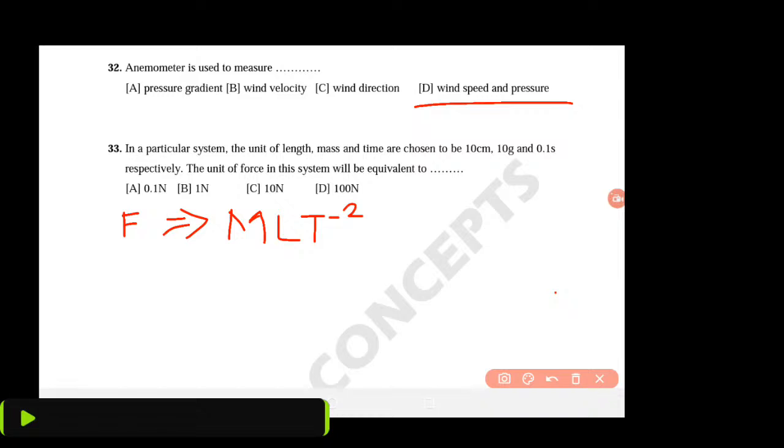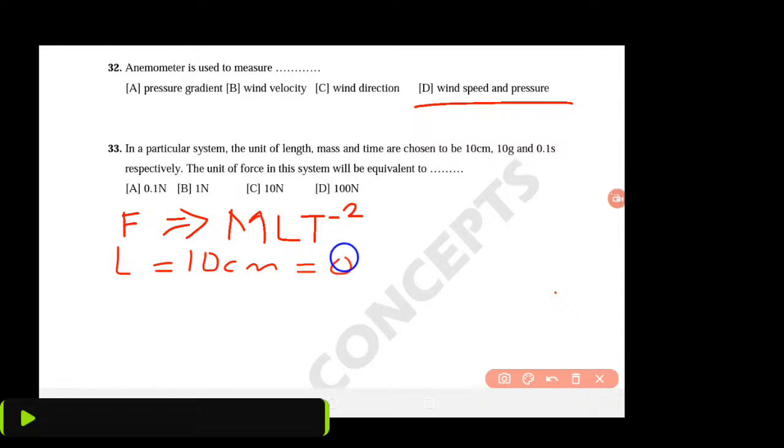Before we bring all this together to form a force, we need to take them to fundamental units. What's the fundamental unit of length? That is meter. So our length, which is 10 centimeter, will be equal to 0.1 meter.